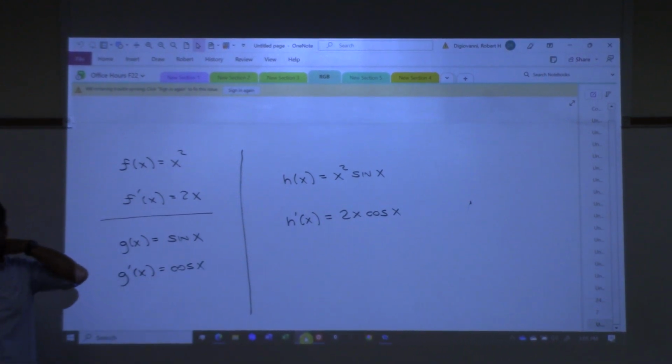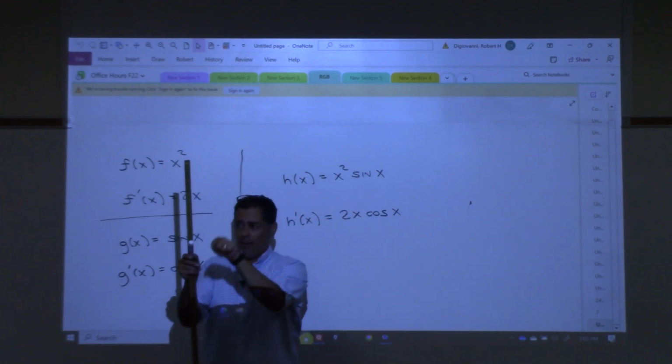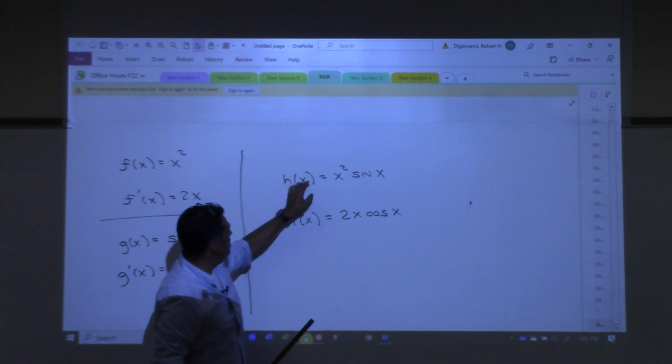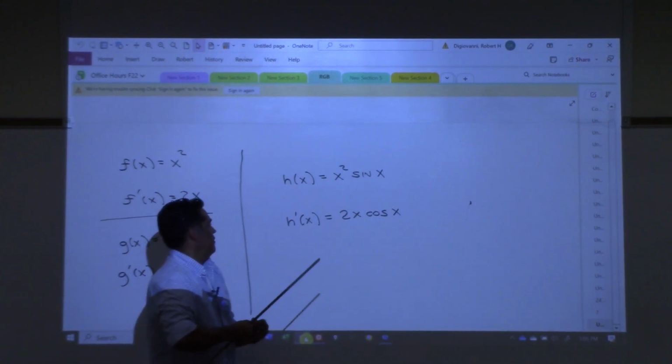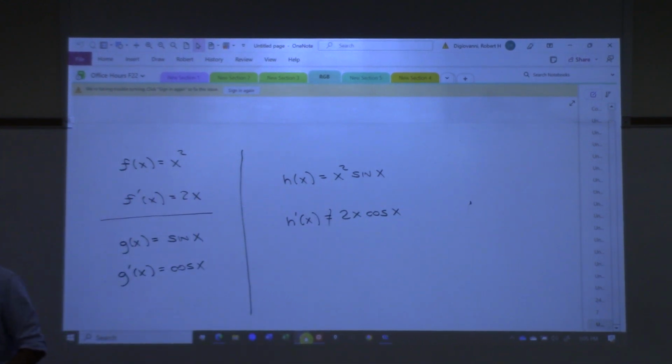With limits, remember, when we took a limit of two things being multiplied, we could do the limit of each one individually, but not with derivatives. If I take the derivative of two things being multiplied, this is not what happens. So the natural question then becomes, what does happen? What's the correct answer?